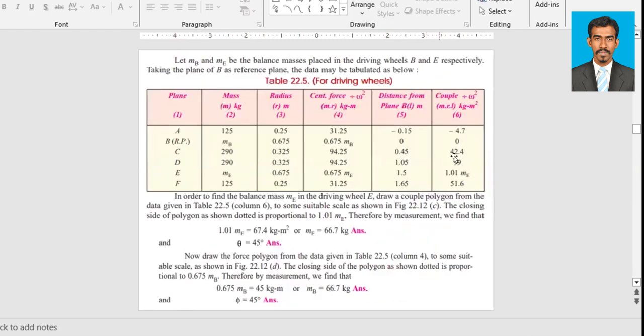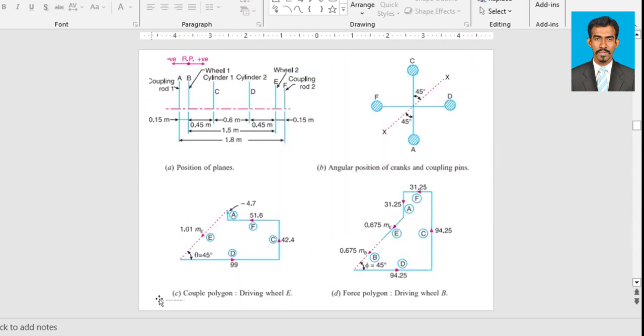For D, the value is 99. So from O to D, that is 99, in this way, parallel to that 99.